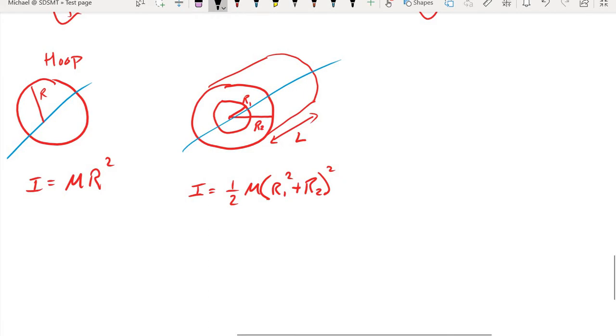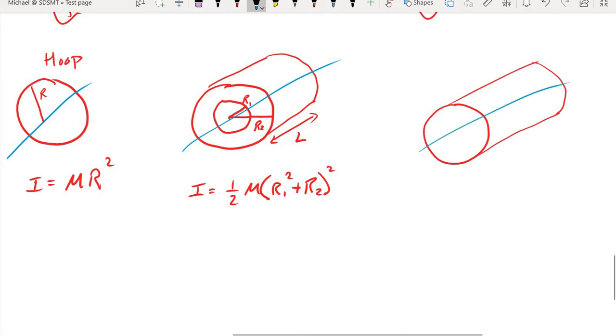The length of the cylinder is not going to contribute until we try to rotate that cylinder about something other than the central axes. A third example here would be a solid cylinder, and you can probably figure out what that would be from the previous case.